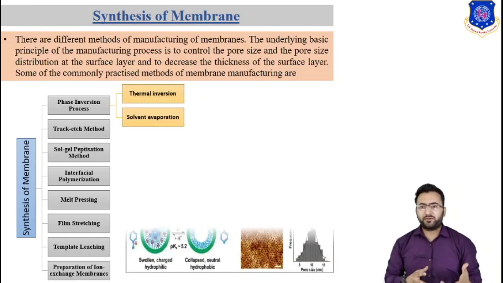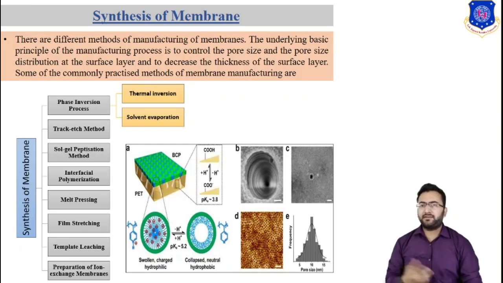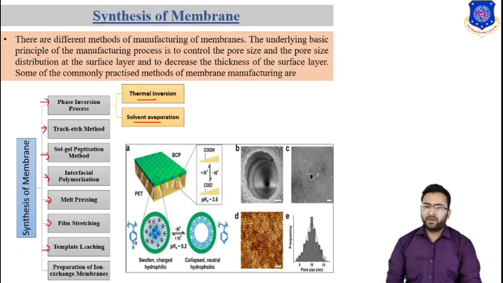There are various processes used for that, such as the phase inversion process, which is further classified as the thermal inversion process and solvent inversion process. Then the track-etch method, sol-gel method, interfacial polymerization method, melt pressing, film stretching, template leaching, and preparation of ion exchange membrane. So we will discuss all these methods in this topic.